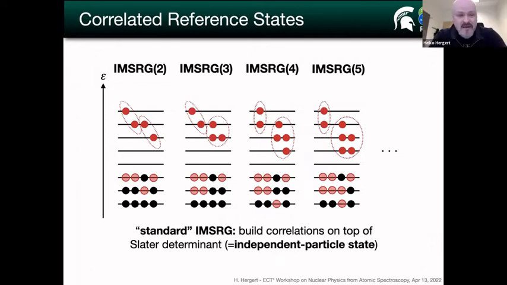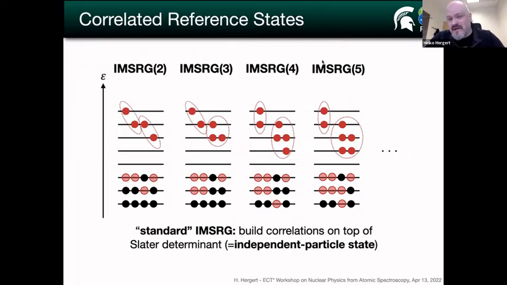So I want to talk briefly about the idea of the reference state. When we use the standard Slater determinant, as I mentioned, we essentially say that the IMSRG transformation has to describe all the correlations in the system, because the Slater determinant is essentially an independent particle state. That means if you want to describe correlated pairs or triples or quadruples, quintuples of nucleons, it's up to the IMSRG transformation to do that.